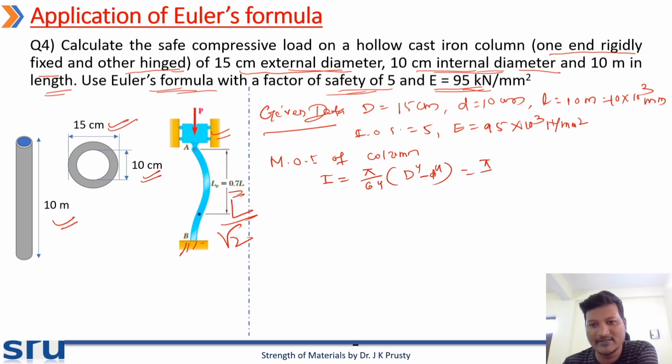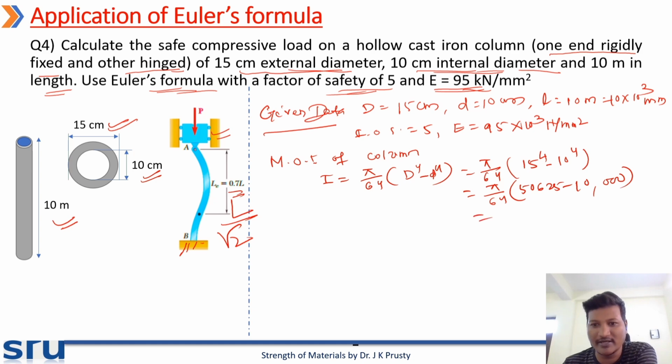If you calculate this, pi by 64 into 15 fourth minus 10 fourth, it is coming 50625 minus 10000.